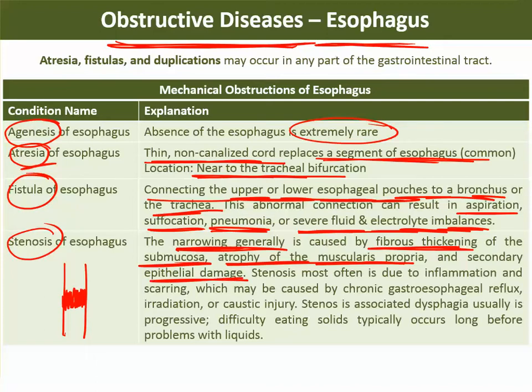You understand? So you all know the layers of the gastrointestinal tract. You have a mucosa, then submucosa, then muscularis coat, then serosa.